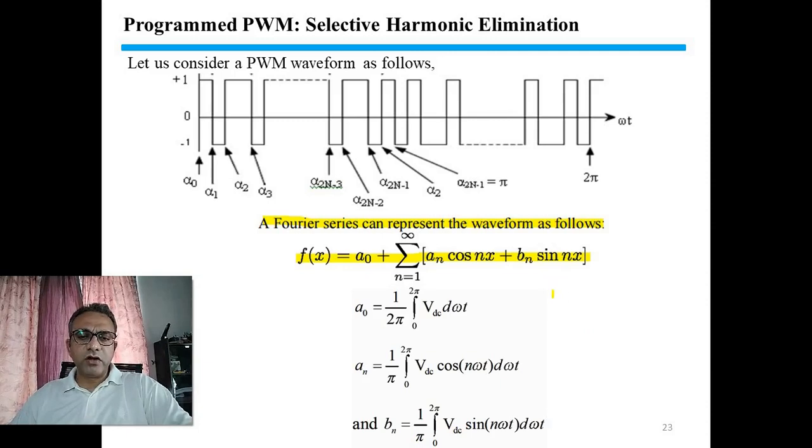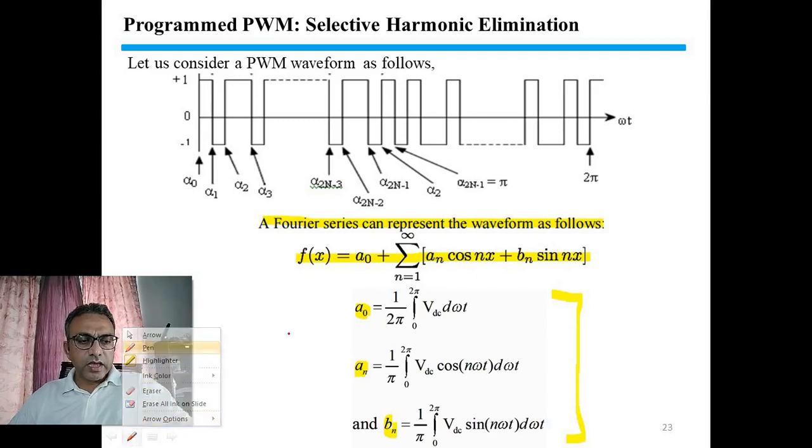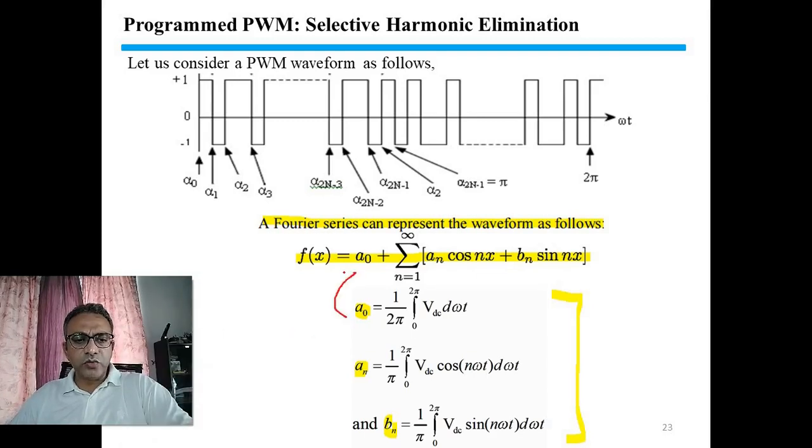So our general procedure to develop a mathematical function of a given graphical waveform is to find the coefficients a naught, a n, and b n, and then place them back into the general equation, and hence we get the mathematical function of a given graphical wave.